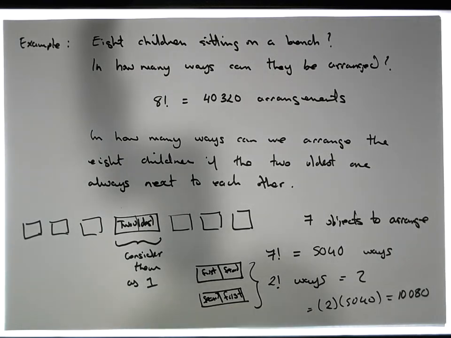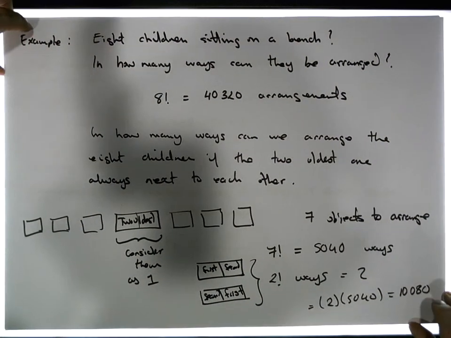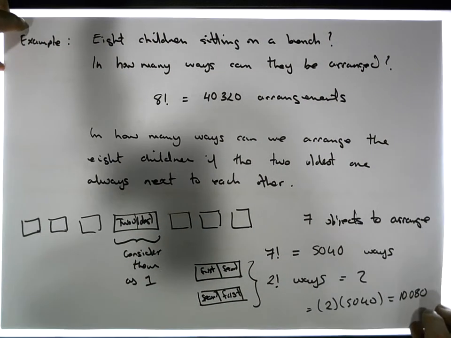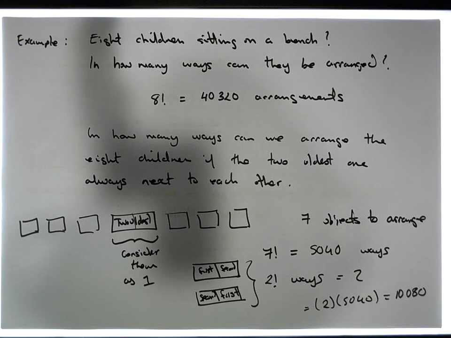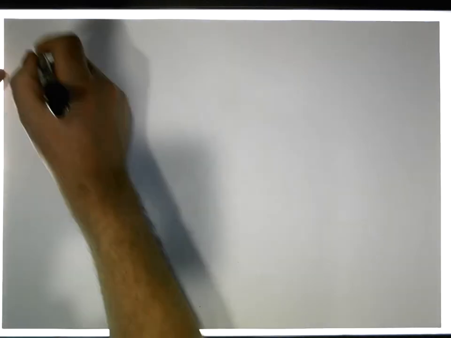Another way to consider this particular question, maybe if I just do it out again, is that we have a certain number of objects, and we want to find out how many ways they can be arranged. Let me consider the example again.